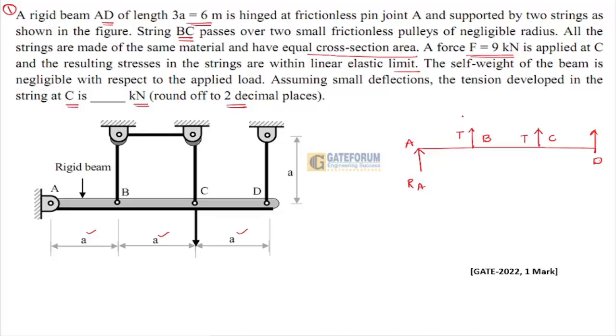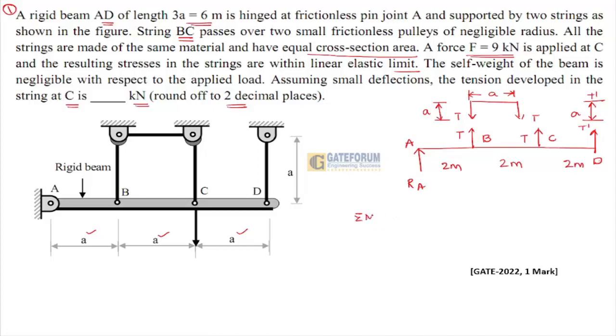And at the top, this tension will be acting downward. This is point A. Let this be T dash. 2 meter is the length given of each bar.